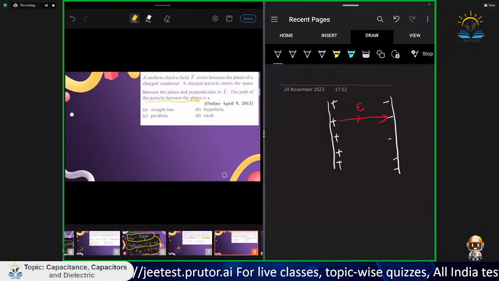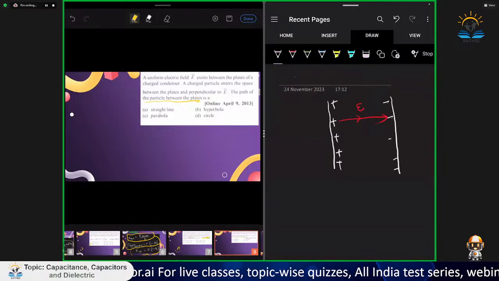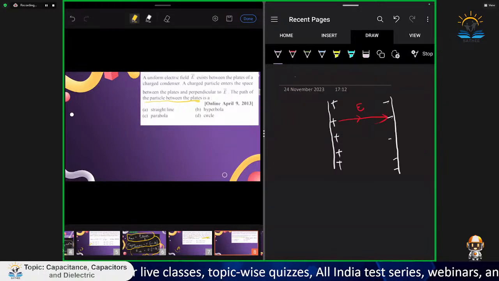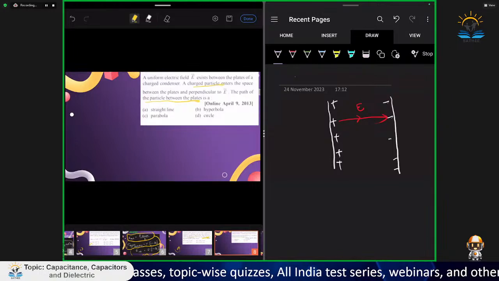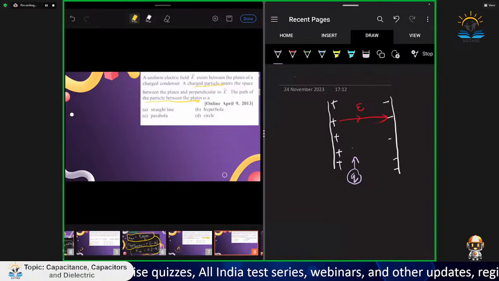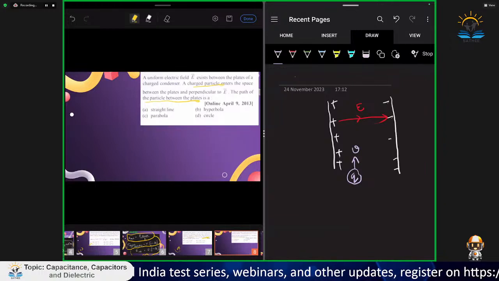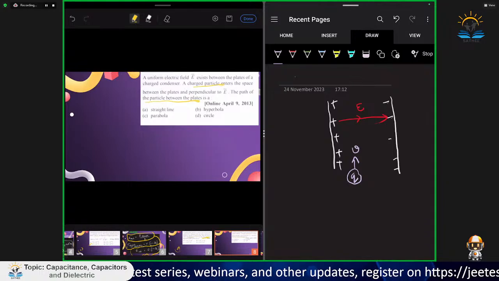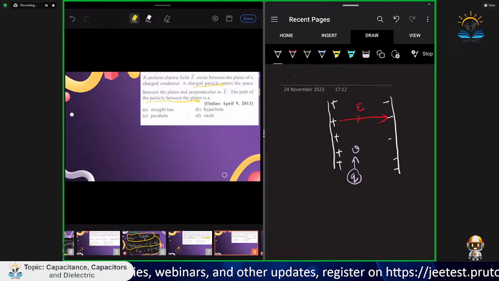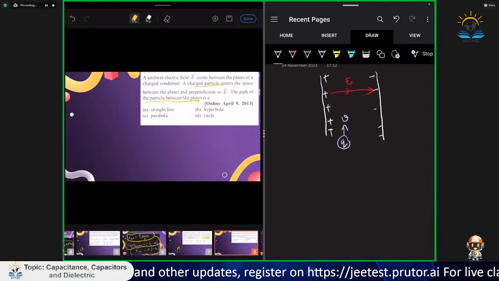Suppose a charged particle Q enters with velocity V. So it is having some velocity, and you have to find out the path of the particle.